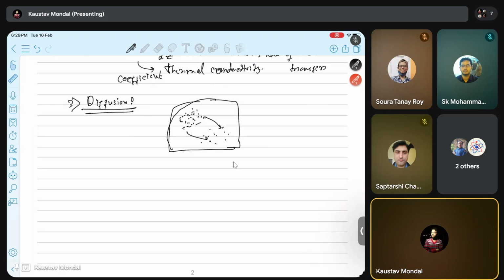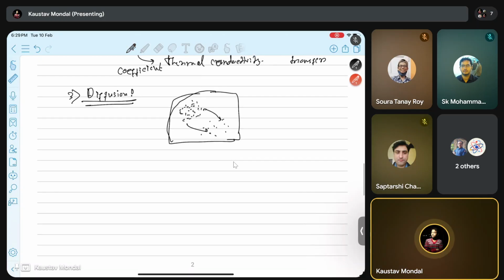The flux of molecules, denoted by J, is given by the expression J equal to minus D into A into dn by dz.